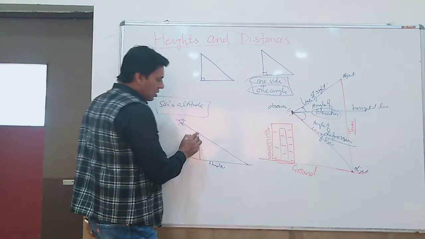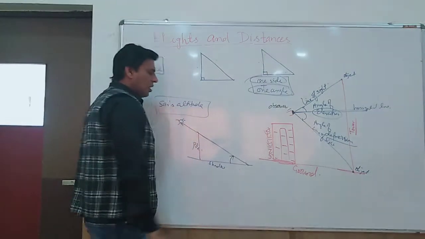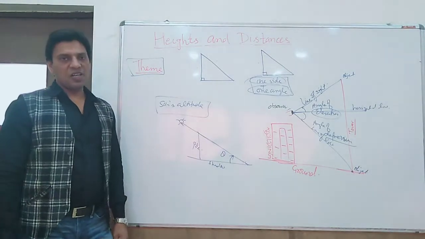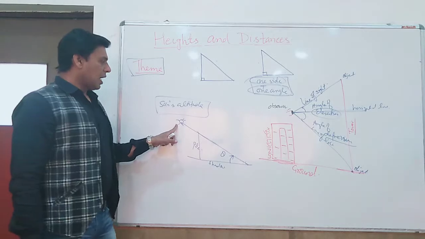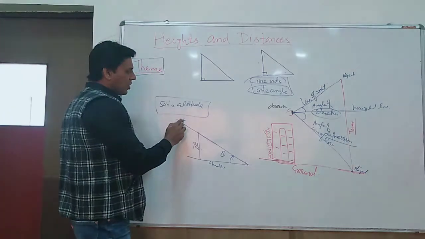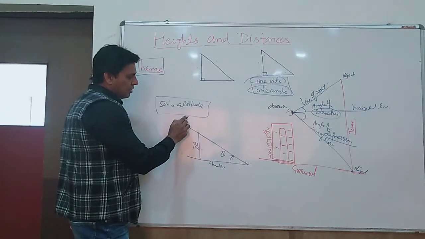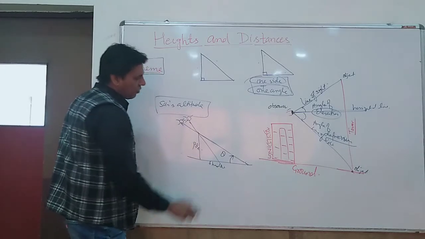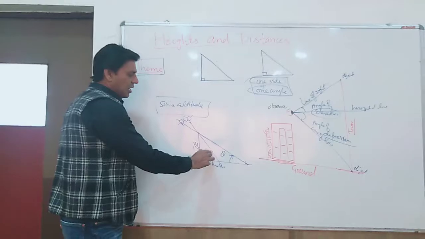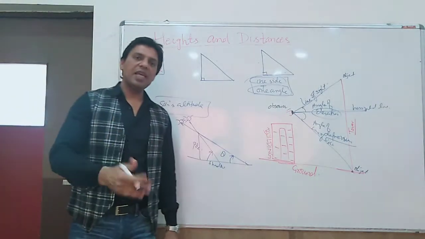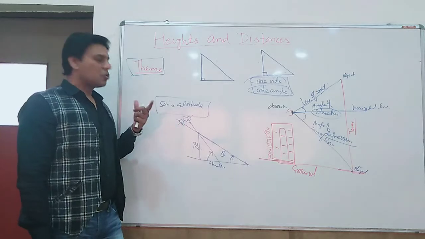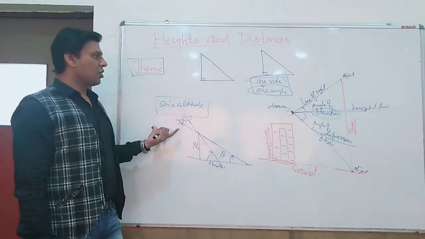This angle is called sun's altitude. If the sun's altitude increases, if the sun is in this position, then the shadow will be like this, and obviously the altitude will be increased. So in some questions this term will be used. So make it clear, sun's altitude.